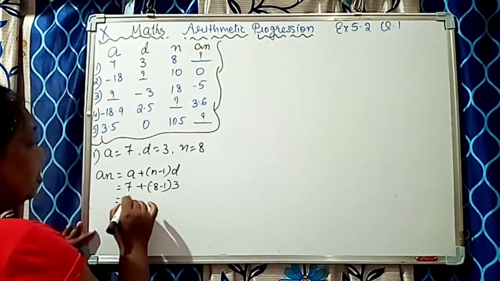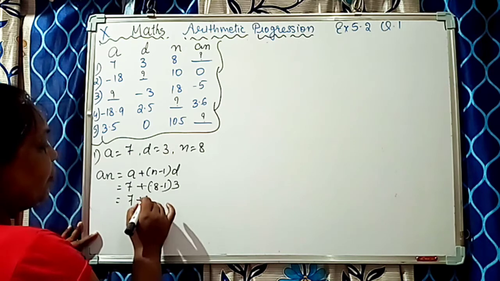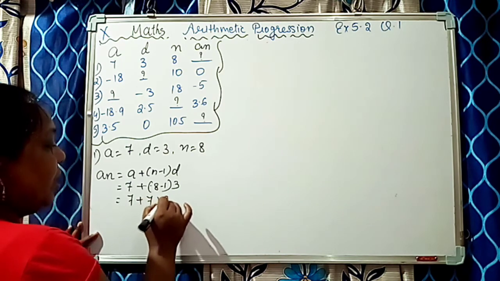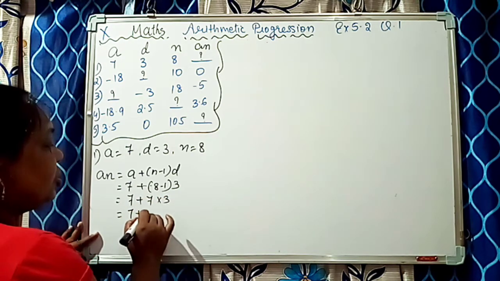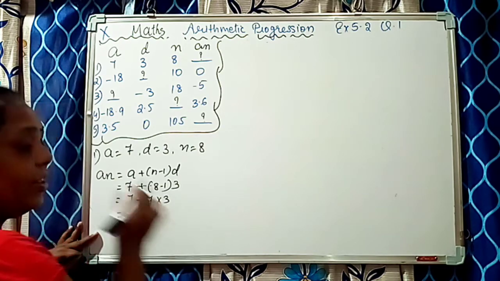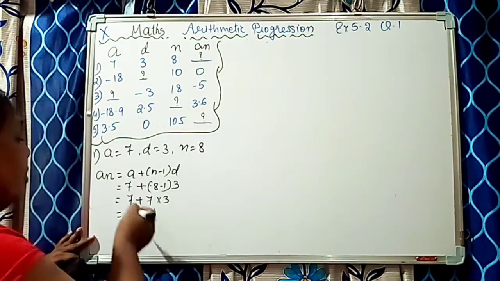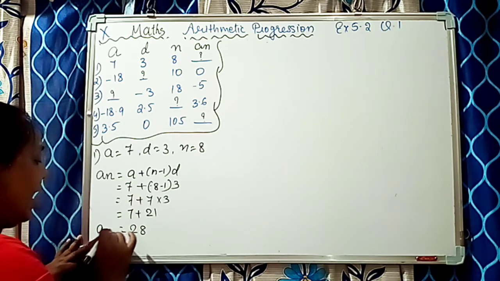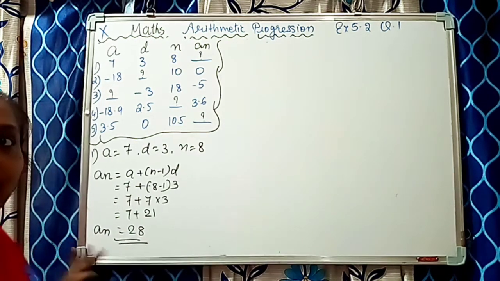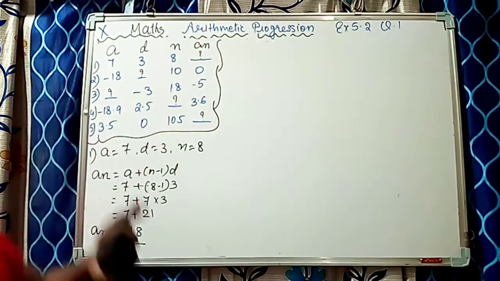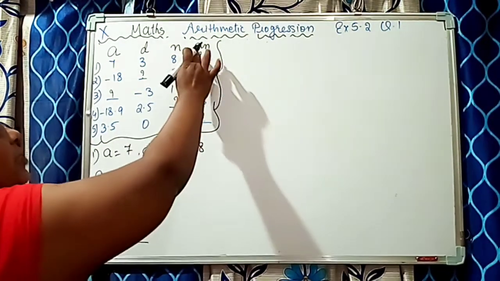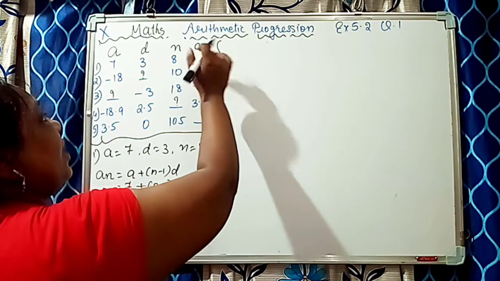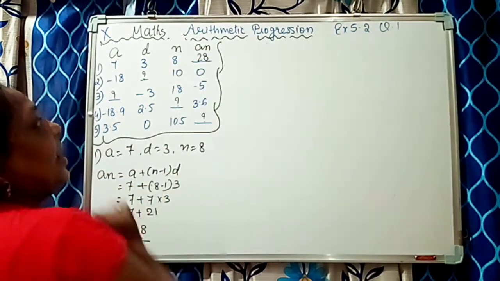So 7 plus 7 into 3. 7 threes are 21. So 7 plus 21 is 28. So we got a_n equal to 28. Instead of the question mark, I will write 28 here.